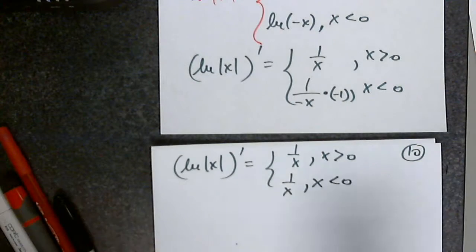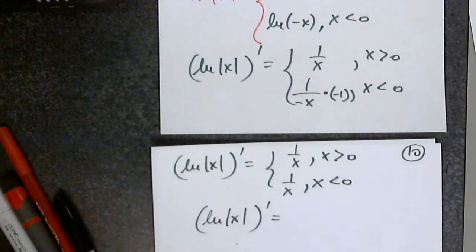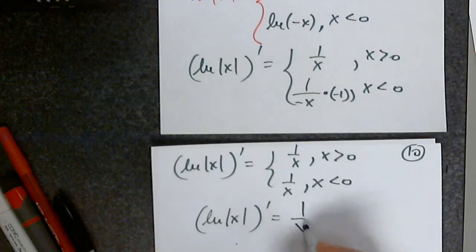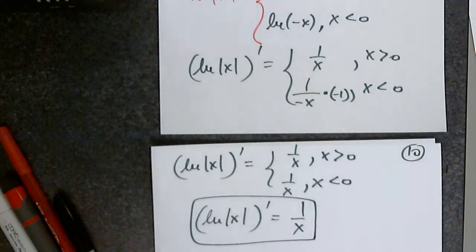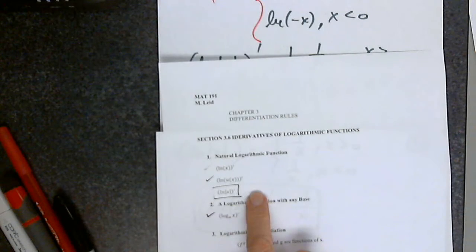So now you will say, forever, the derivative of the natural log of the absolute value of x is 1 over x. This is very important for chapter 5. This is a very important result. So now you have this answer as well.